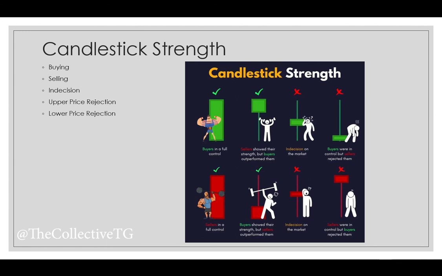When price action is going down, you have candles like this thick red candle, this thick body with no wicks. And then the next thing we have is the reverse. We have this upper price rejection, which is good for bearish price action. Basically, buyers showed strength, so the candle looked like this, but then the sellers came in and drove the price down.